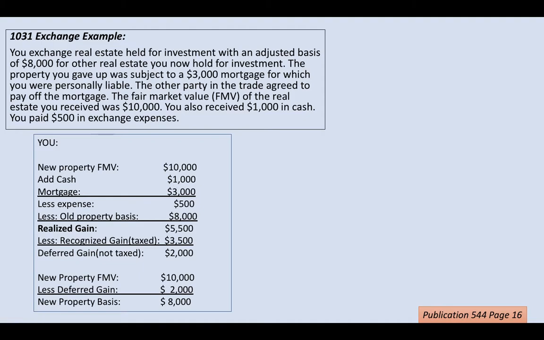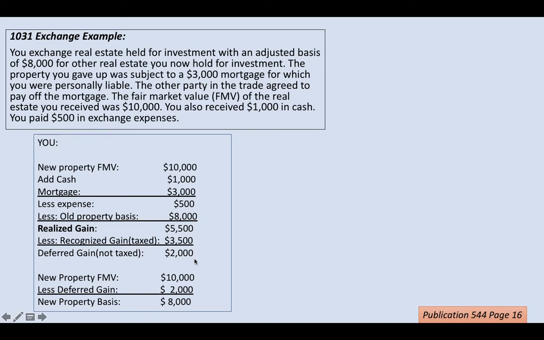You also paid $500, which reduces the amount of cash you received. So your recognized gain is $3,500 here. Your realized gain minus the recognized gain is your deferred gain, $2,000.